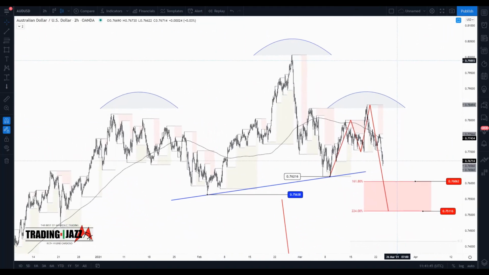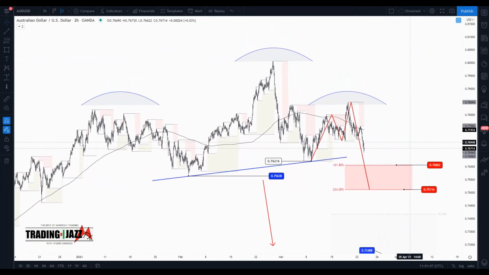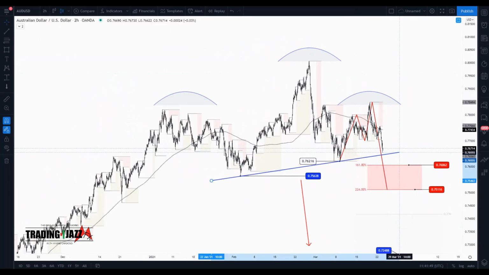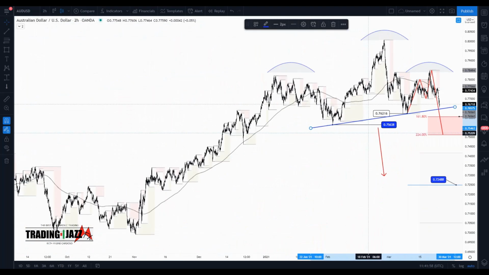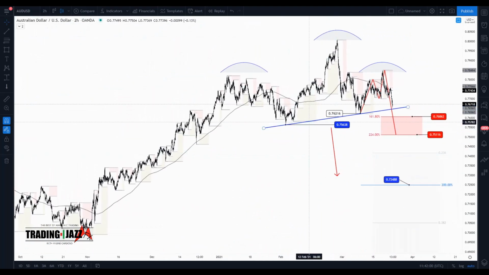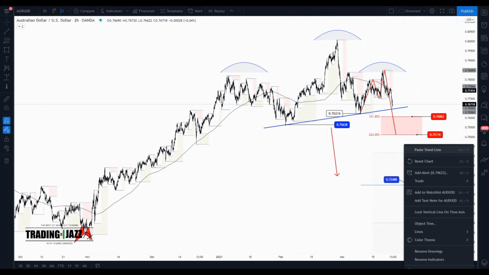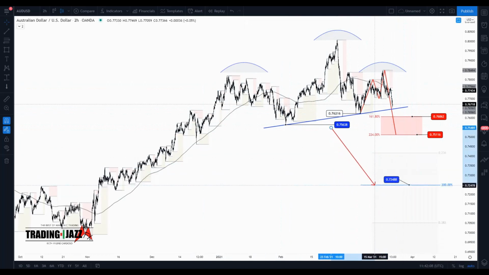Now the Australian dollar, Aussie, is approaching this trend line support. We can face this as a potential next zone, and the support for the next zone. So I will not be surprised to see Aussie finding support later.